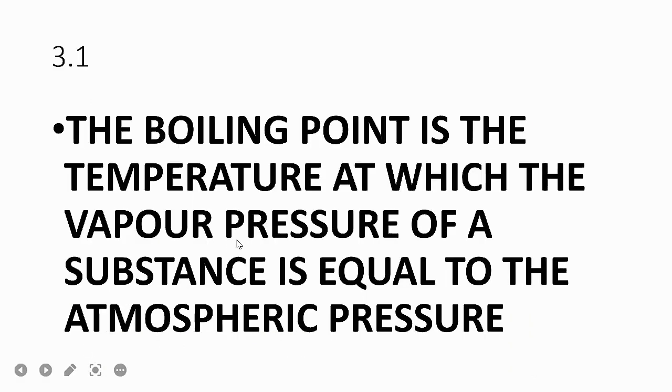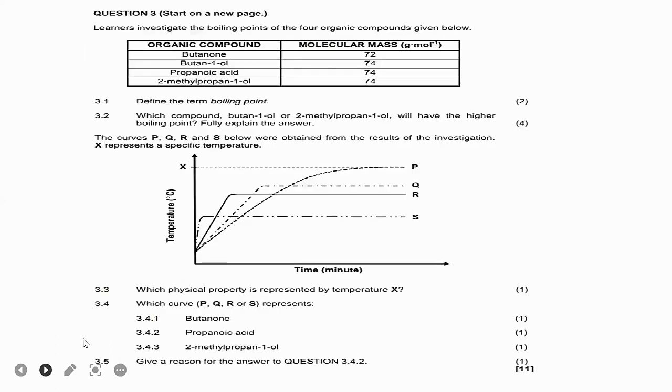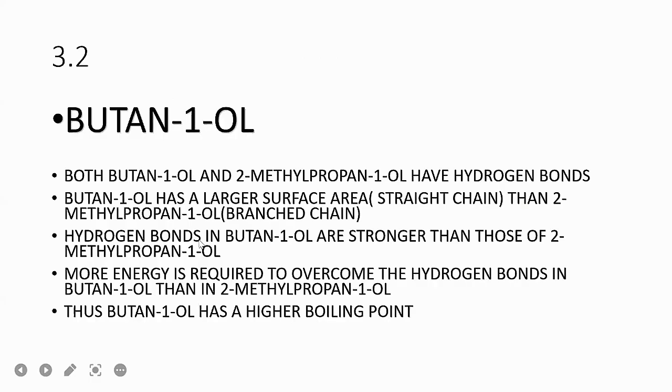So we must say the boiling point is the temperature at which the vapor pressure of a substance is equal to the atmospheric pressure. Then 3.2 says which compound, butan-1-ol or 2-methyl-propan-1-ol, will have the higher boiling point? Then fully explain the answer. It is butan-1-ol. Why? Because both butan-1-ol and 2-methyl-propan-1-ol have hydrogen bonds.